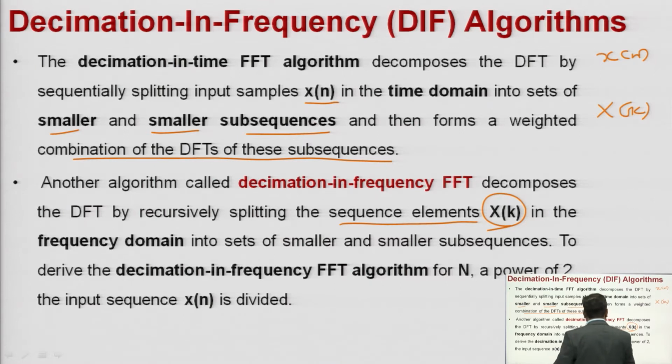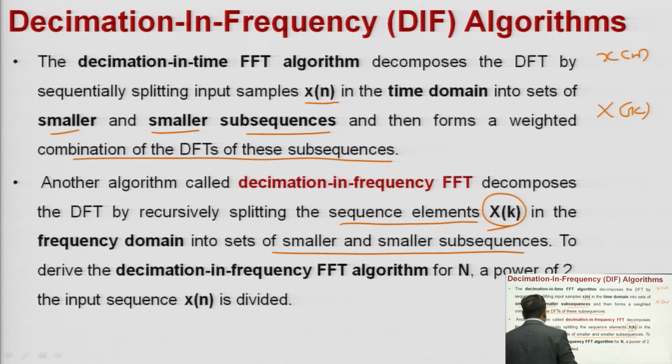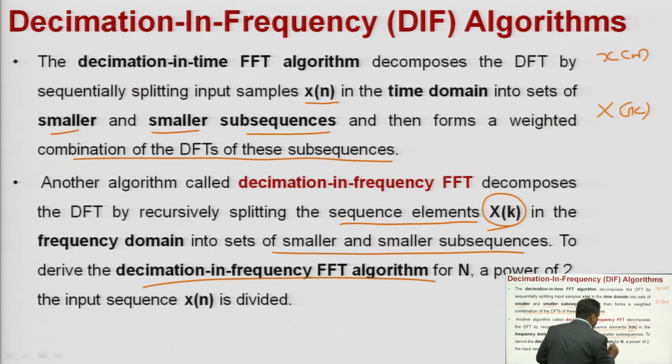You split your X of k in the frequency domain into sets of smaller subsequences and derive the decimation in frequency fast Fourier algorithm for N a power of 2. It means if I am taking radix 2, your number of samples capital N should be a power of 2, then it will be radix 2.